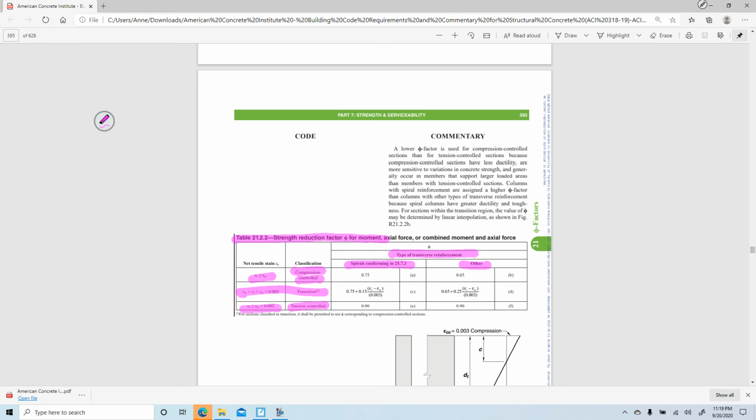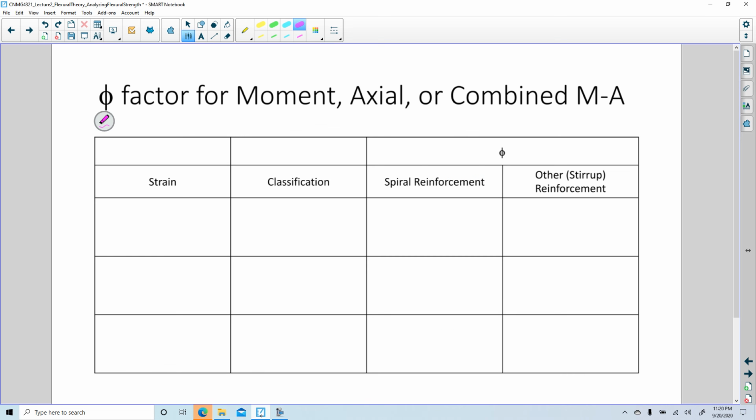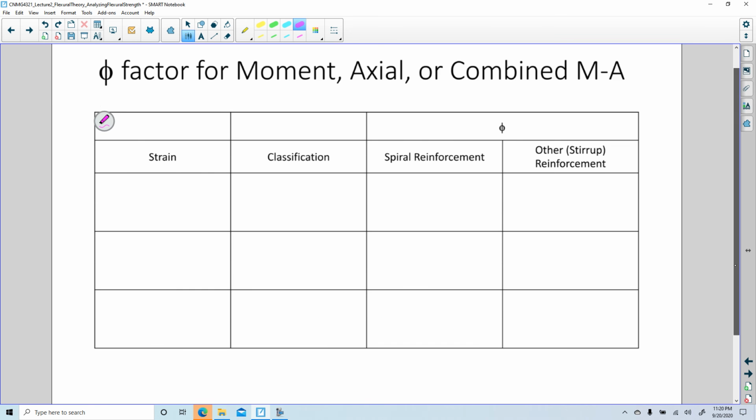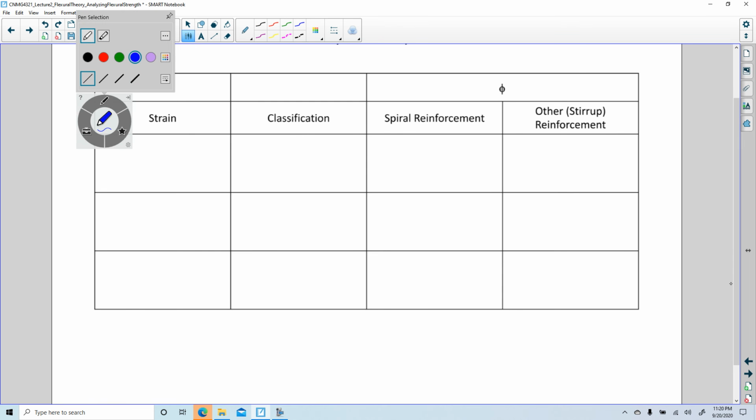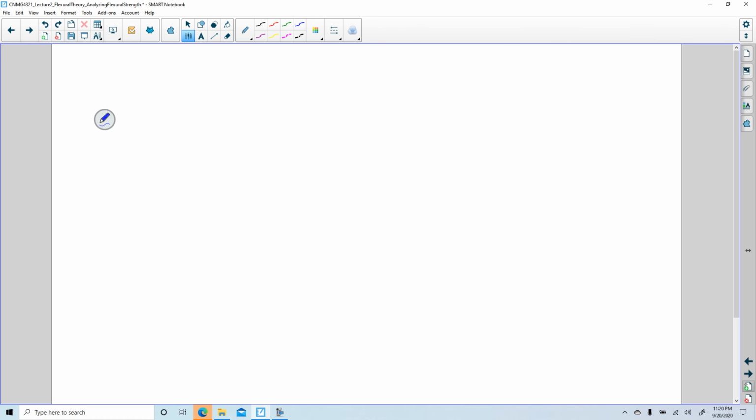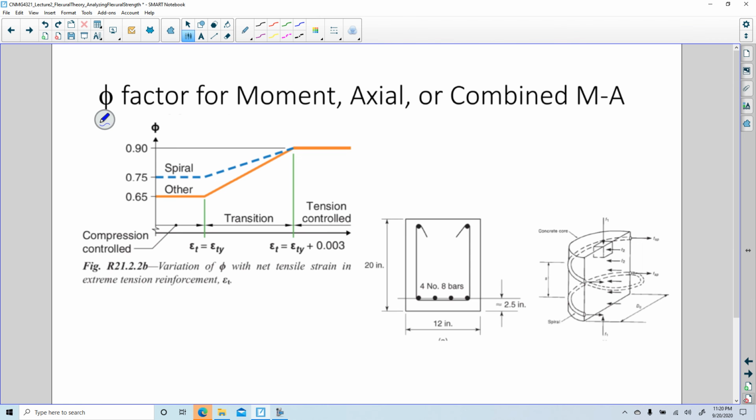When we're talking about transverse reinforcement, I should put a picture up here. So I'm going to have to draw one. Oops. Yeah, there it is. I was like, I'm pretty sure I have one. It's by reinforcement.